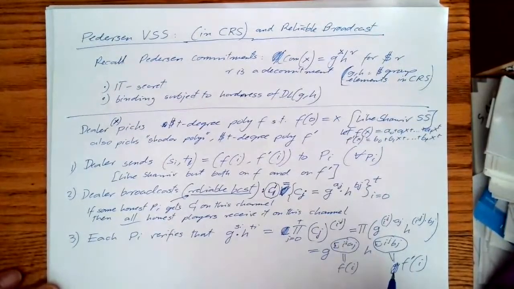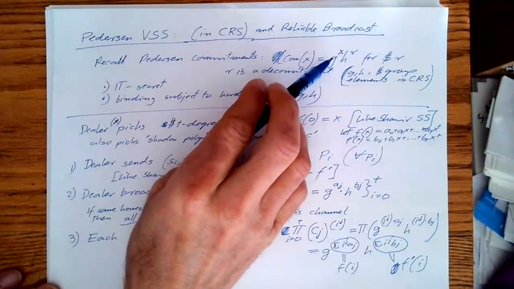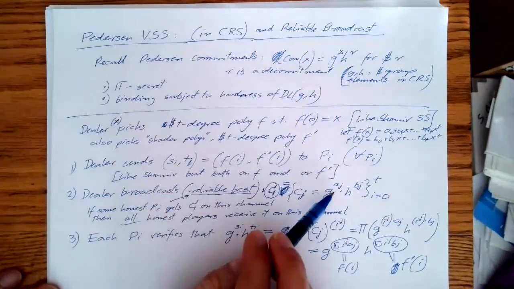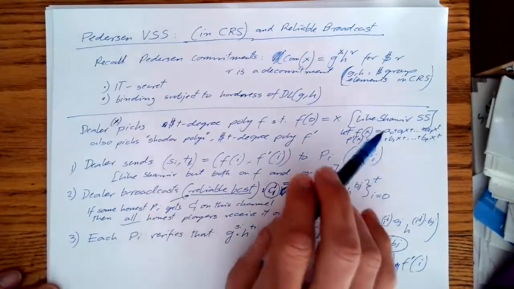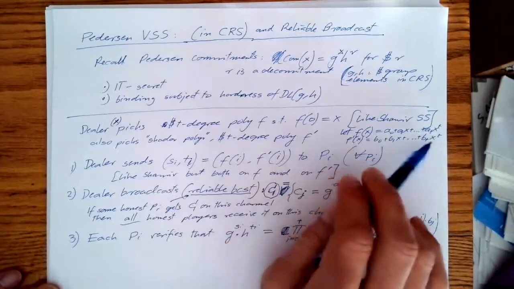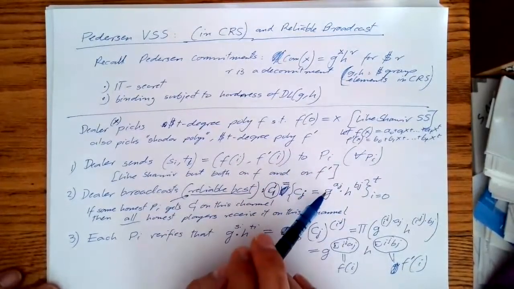Okay, so what we are using is the homomorphic property of this commitment. Given Pedersen commitments to coefficients, let's forget that B is supposed to be a polynomial. Let's just think of this as a randomness in the Pedersen commitment.